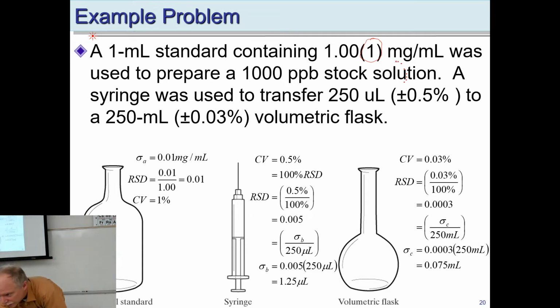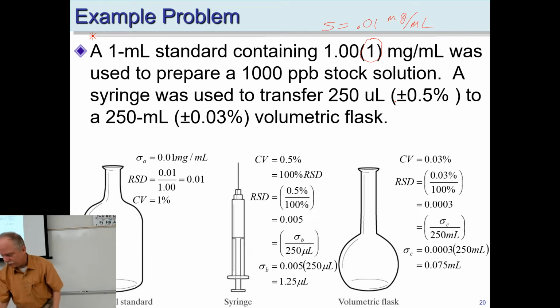So this is saying that your uncertainty S is equal to 0.01 milligrams per mL. Notice I have 1.00 and then the parenthesis begins, and that's telling me that the place value right next to the parenthesis is where this number belongs in terms of my uncertainty.